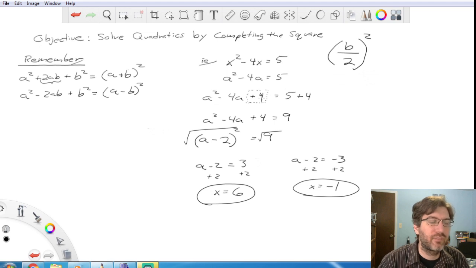You got to square that. So this here is how you're going to find that term every time. You're just going to take your b term, divide it by 2, and then square it.